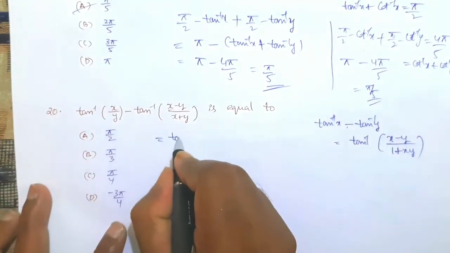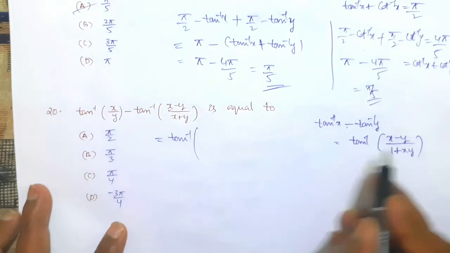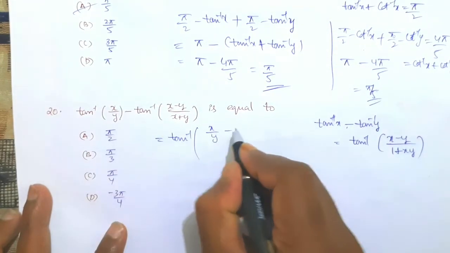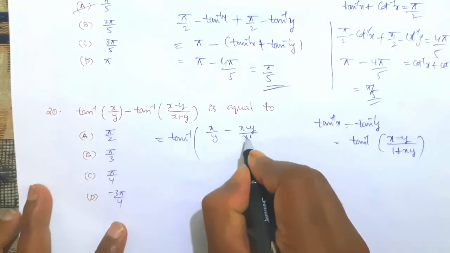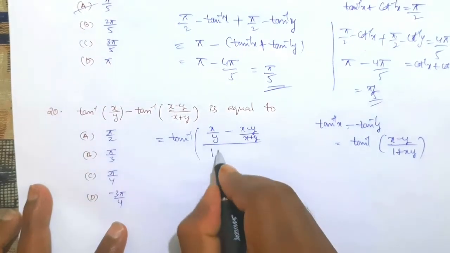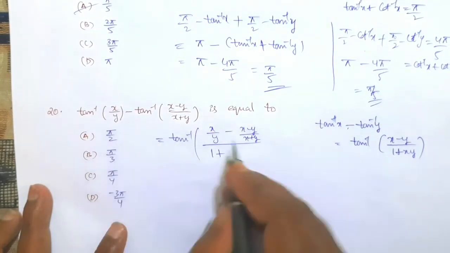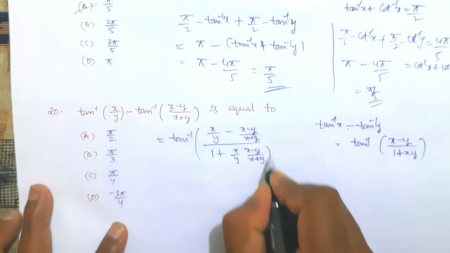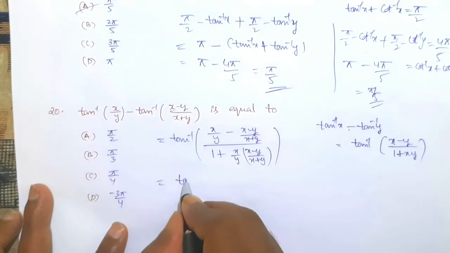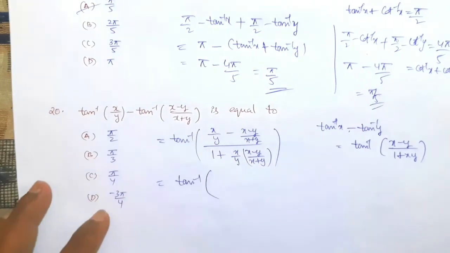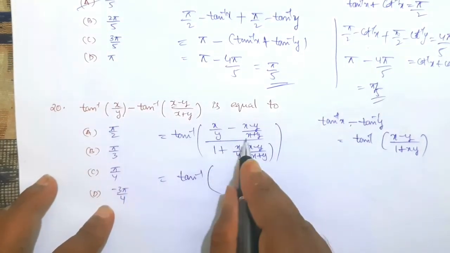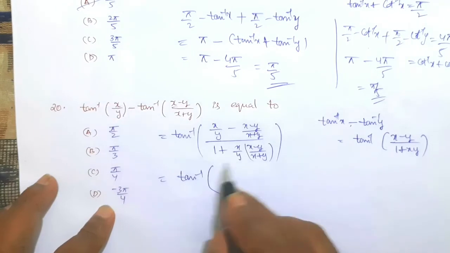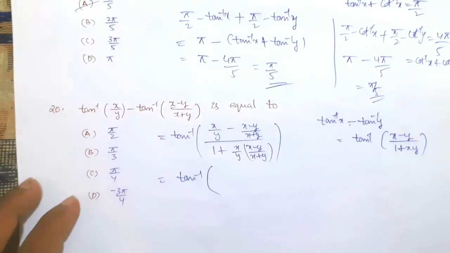So it will be tan inverse of x by y minus x minus y by x plus y, divided by 1 plus xy, that means x by y into x minus y by x plus y. We need to simplify this. Denominator y into x plus y, here also y into x plus y, the denominators cancel, no problem.